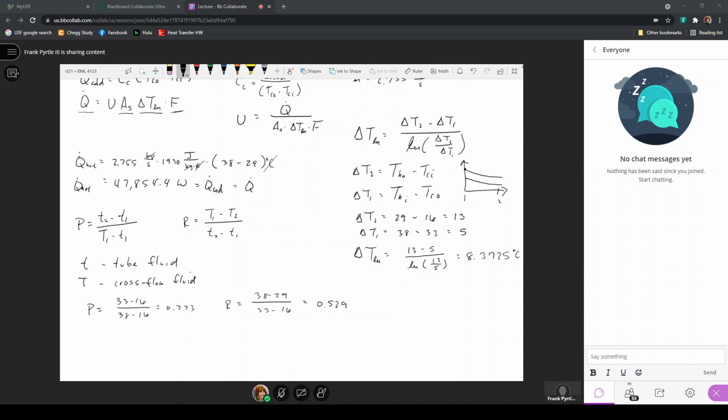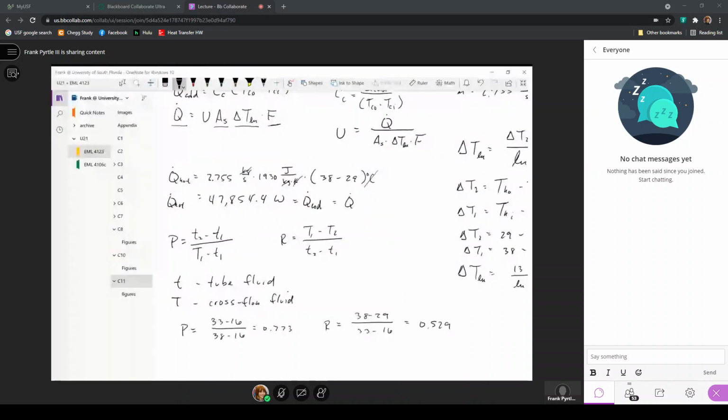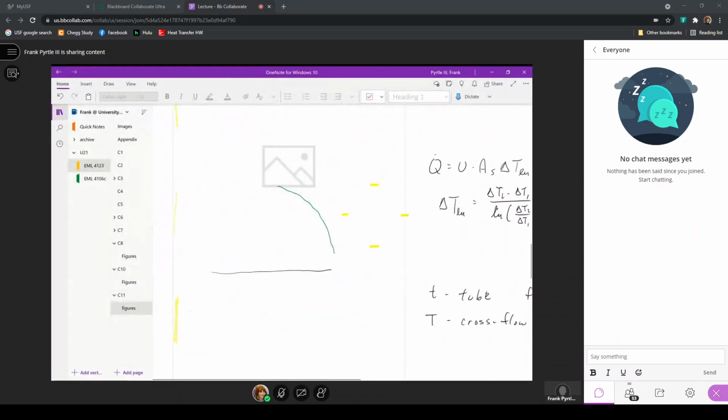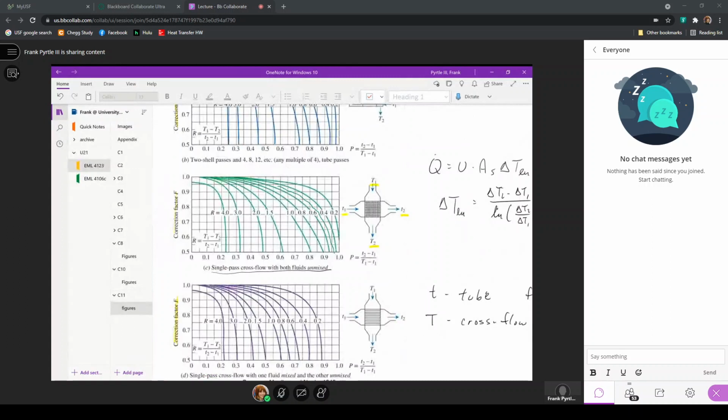So now we have to look those up on the figure here. Single pass cross flow with both fluids unmixed. We had 0.772 for P. So here we have 0.7, 0.8, 0.75. So I'm going to say it's about right here.